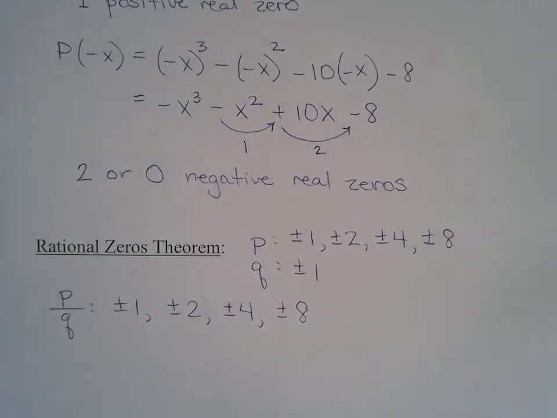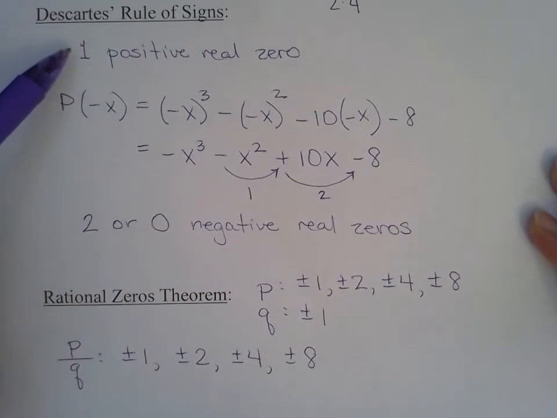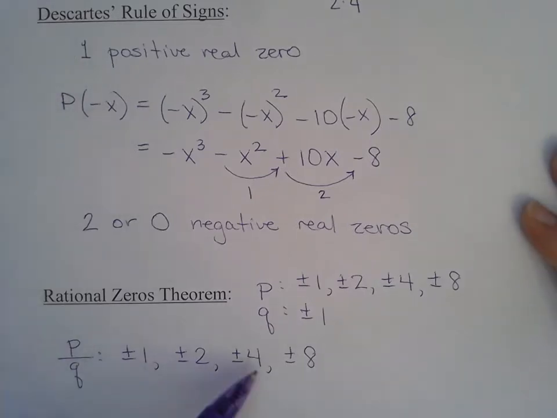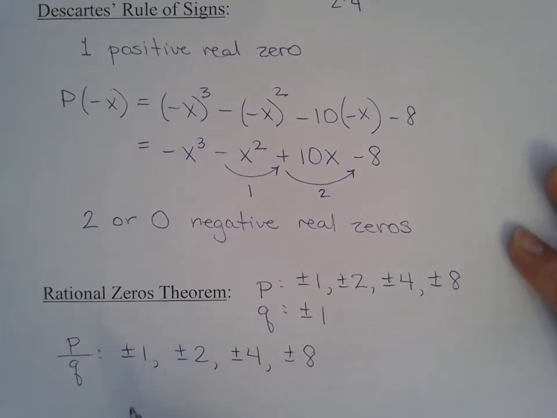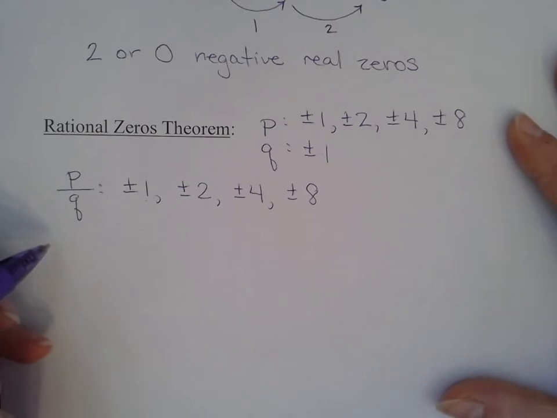Okay, and if we add that together with the information we found using Descartes' rule of signs, we know that we're guaranteed to have one positive real zero. So it would be worth it to check the positives first, because one of these 4 positives must work out. Okay? So let's try that.